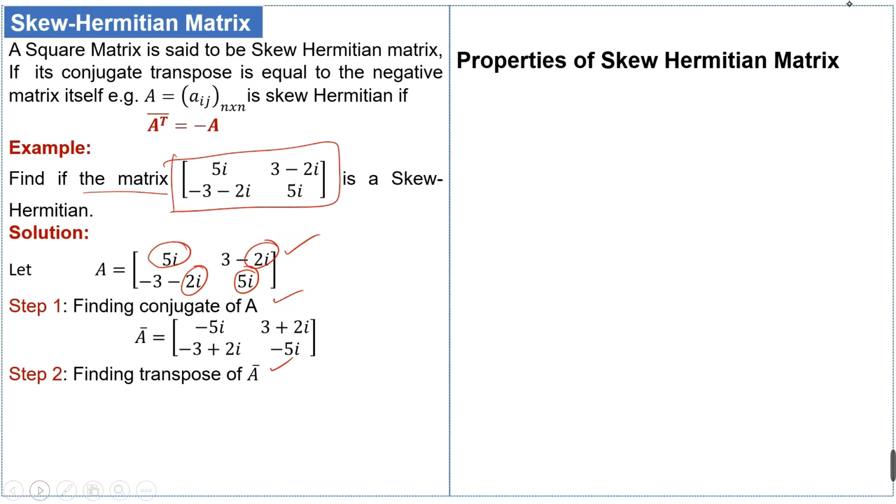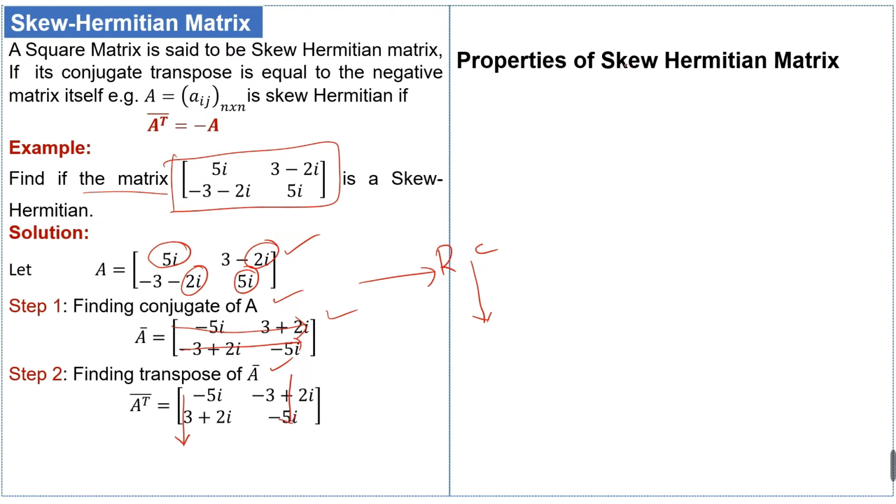Okay, so here we have the conjugate of the matrix A, and now in step 2 we will find the transpose of the conjugate matrix. We know that in transpose, we change the rows into columns. So this is the first row, and this will become the first column, and the second row will be changed into the second column.